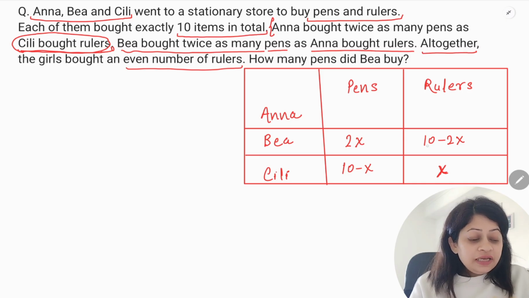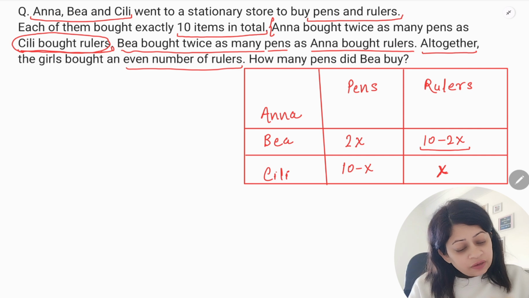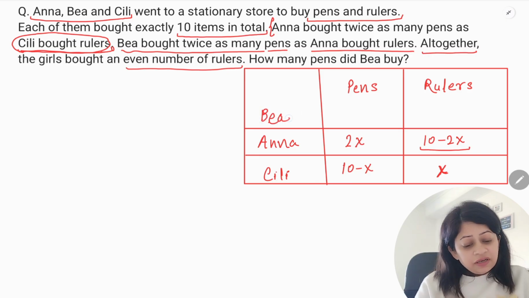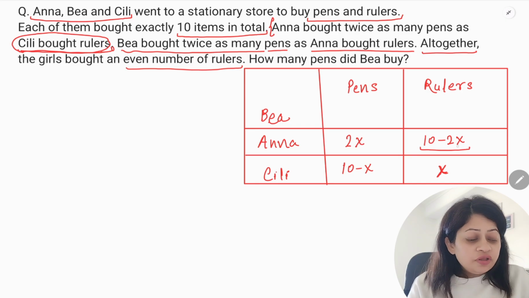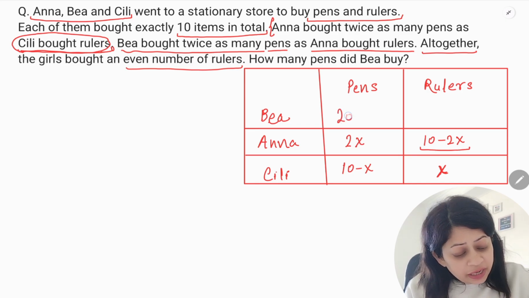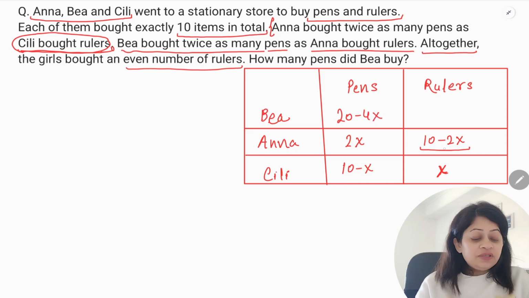Anna bought these rulers, 10 minus 2x. This is Anna, not Bia. Bia I will write here, right? So Bia bought twice as many pens as Anna bought rulers. Anna bought 10 minus 2x rulers. So Bia bought 20 minus 4x pens. If I multiply this with 2, I will get 20 minus 4x.